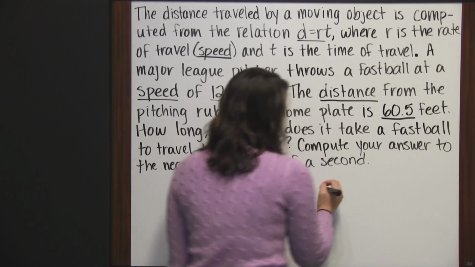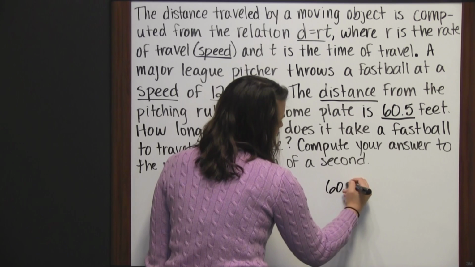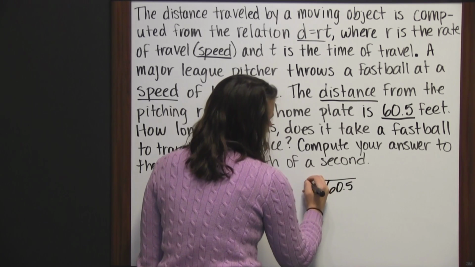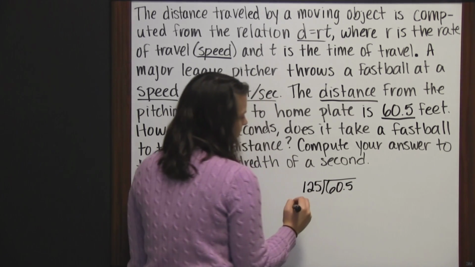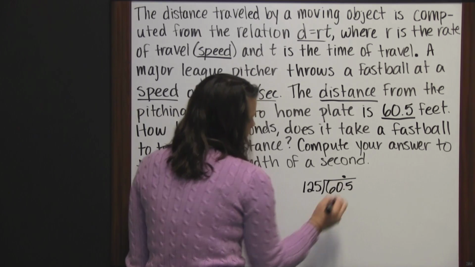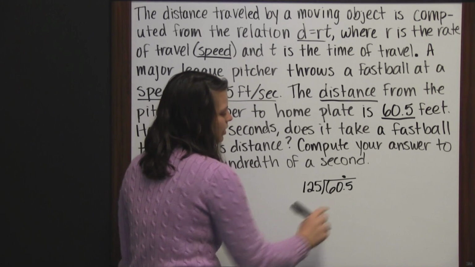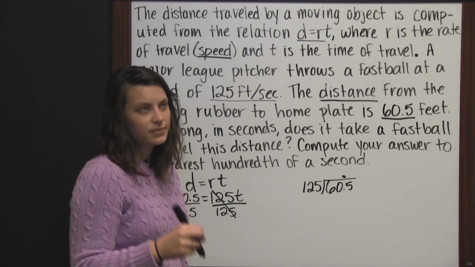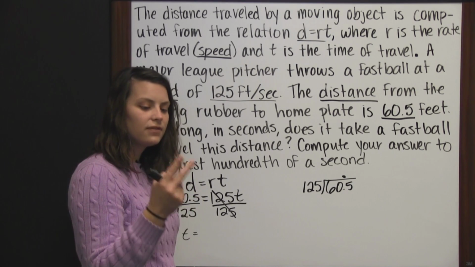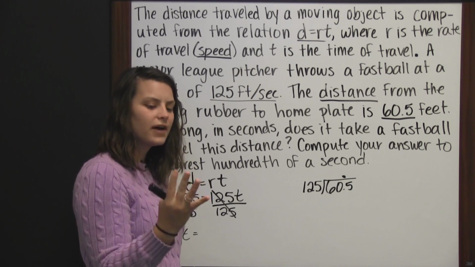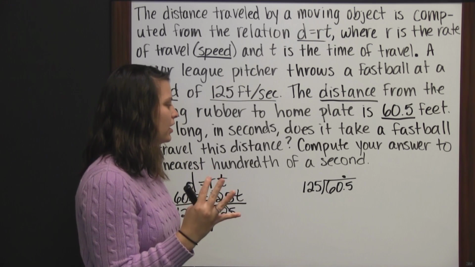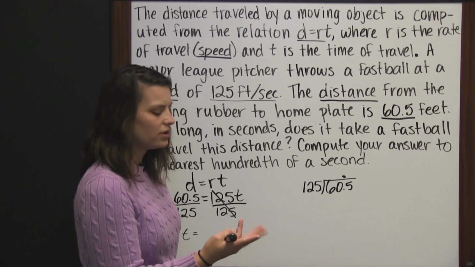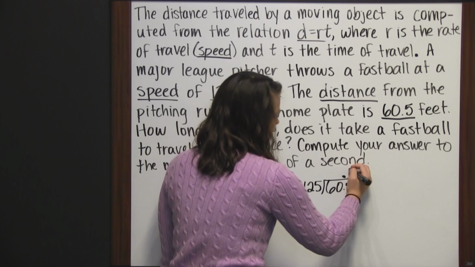So I'll work it over here. 60 5/10 divided by 125. So that decimal goes right there. 125 does not go into 60, but it does go into 605. So you've got 125, 250, 500, and then one more time would be 625, so that means it only goes 4 times.